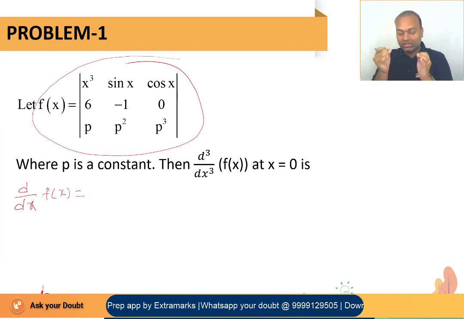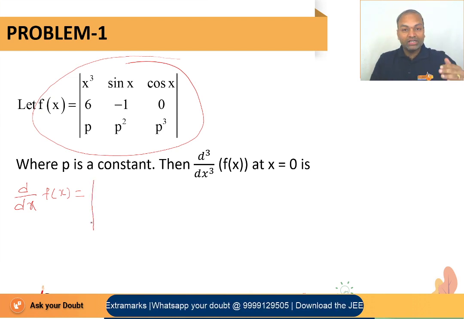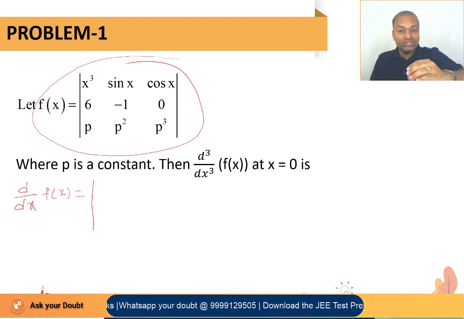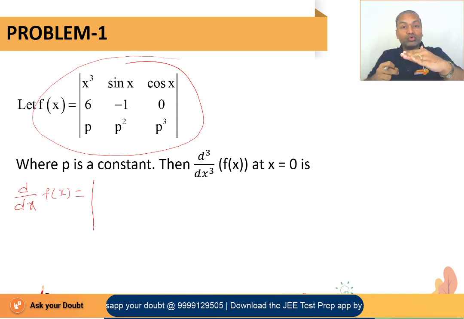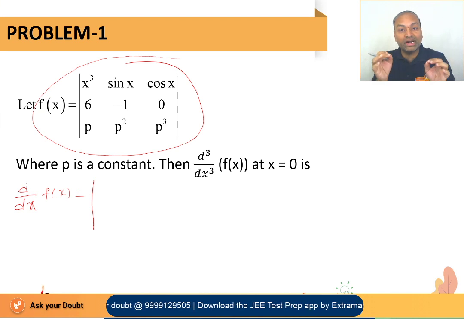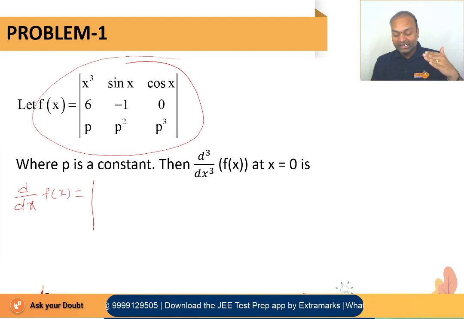Okay, just observe the differentiation procedure here: differentiate the first row values only. The remaining 2 rows write down as it is. Understood? Right. Now let us see here.